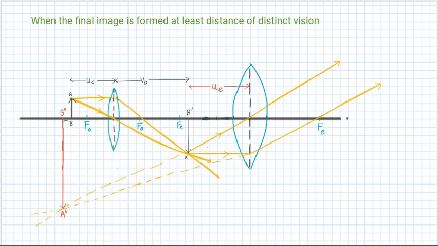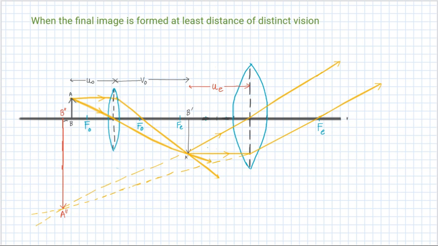Now one more thing. When the object is placed within this distance, the arrangement of your objective and your eyepiece will form the image at the least distance of distinct vision. That means the distance up to which your human eye can see clearly.